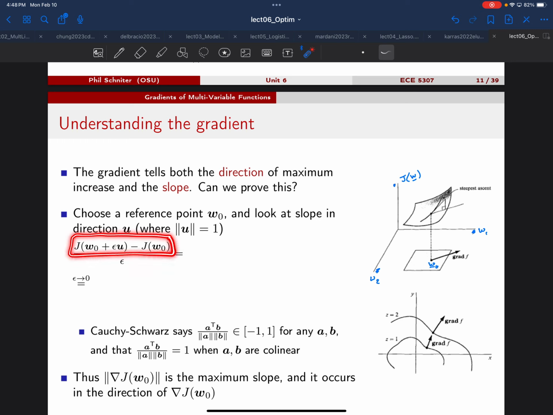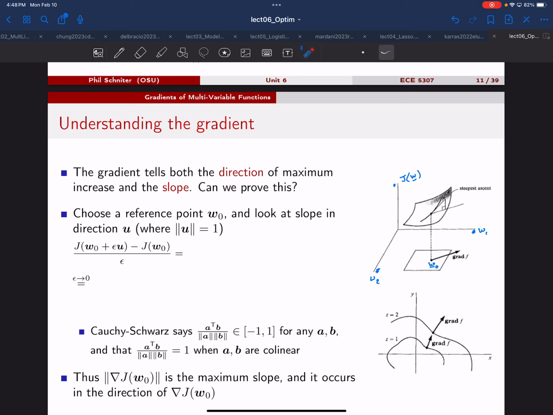I've moved in the direction u by epsilon. And this is what we could call the rise over the run. I've moved a total of epsilon here, and this is how much my function has changed. So this is basically going to give me the slope as epsilon goes to 0.